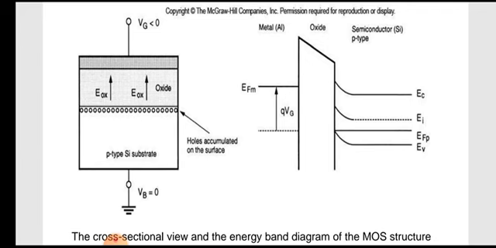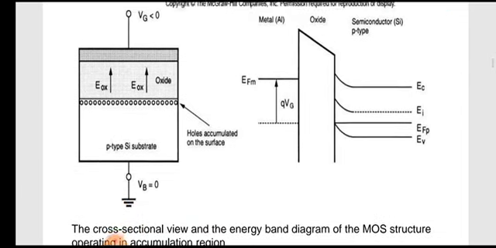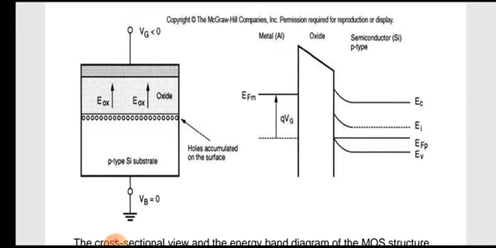We are using a p-type silicon substrate here, and the VB, which is the substrate bias voltage, is 0. Here we can see that we have a metal, oxide and semiconductor, but the phenomena we have to understand are in the metal and semiconductor only. The oxide layer we have to neglect in this case.